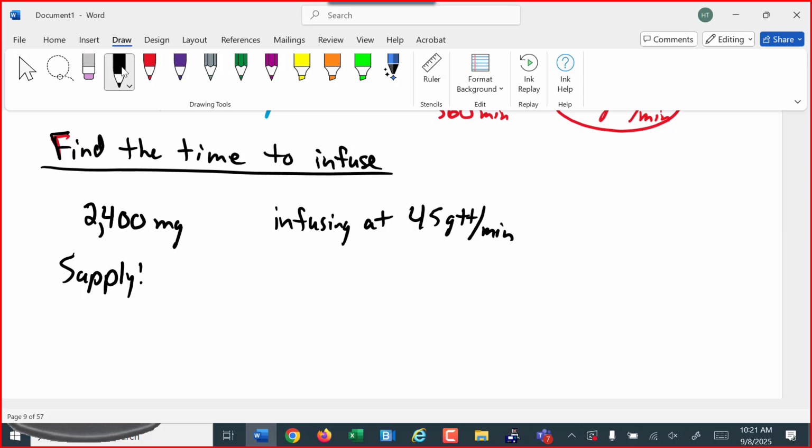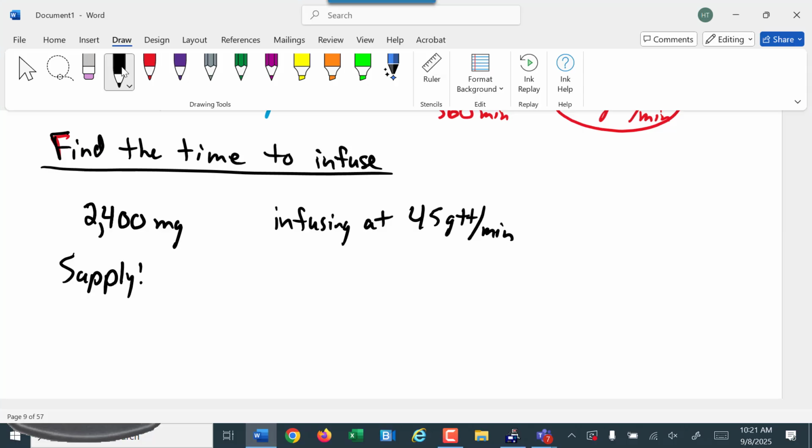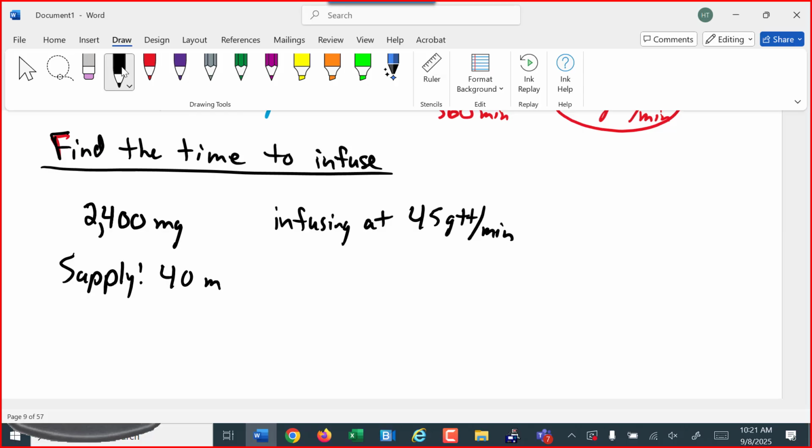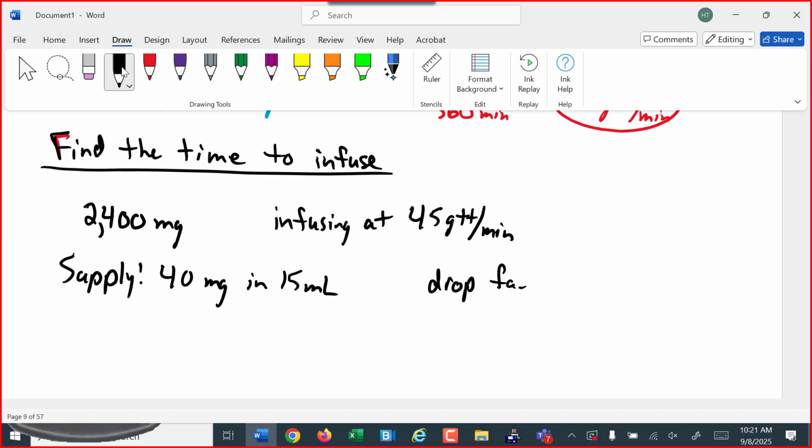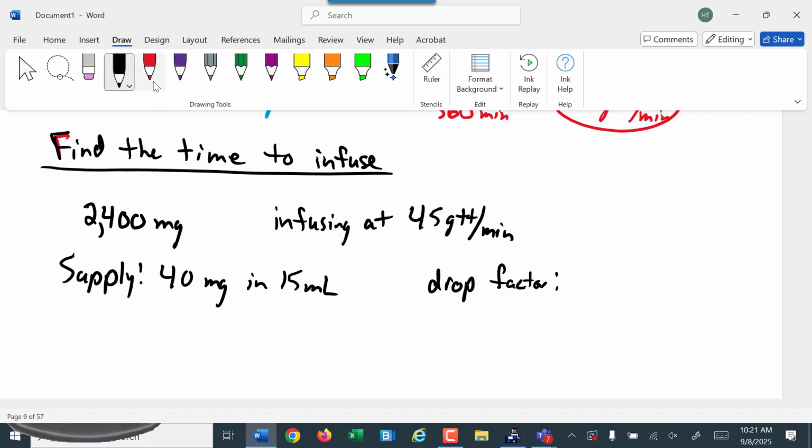Your label on your supply says that it is constituted at 40 milligrams in 15 milliliters of solution, and you have a drop factor of 18 drops per milliliter.